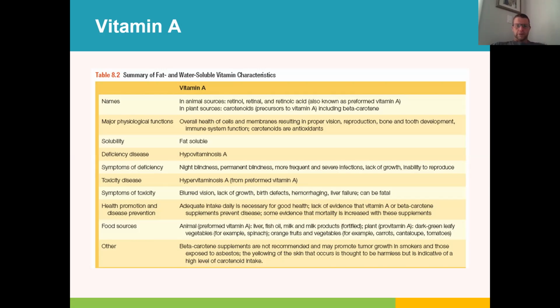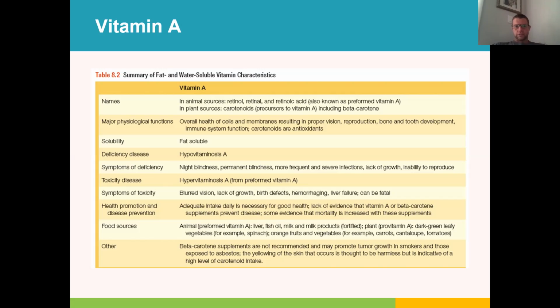All right. Food sources: animal food sources are going to be liver, fish oil, milk products. Again, they can be fortified. Plant sources are going to be dark green leafy vegetables, such as spinach, and orange fruits and vegetables, for example, carrots, cantaloupe, and tomatoes.